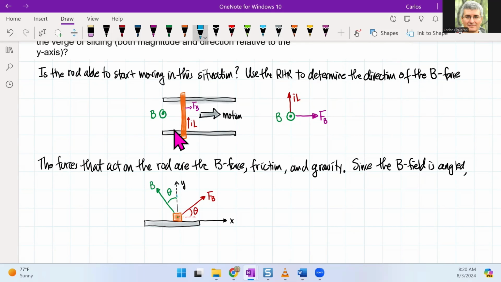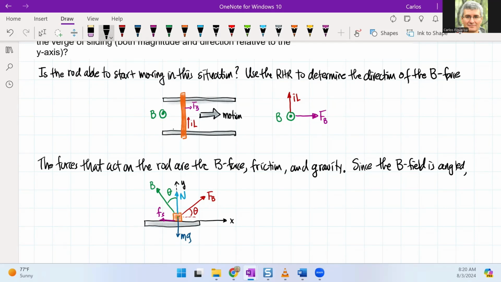I have a normal force coming up to offset the gravitational force, and then I have friction acting right here. So those are the forces that are acting on that rod.